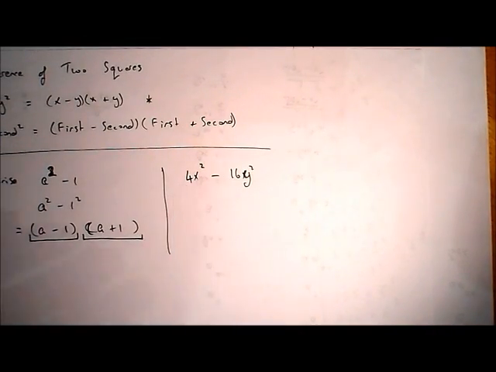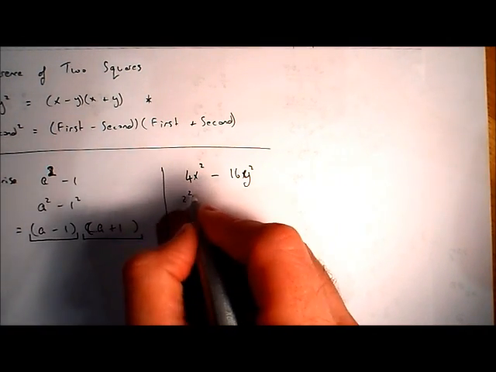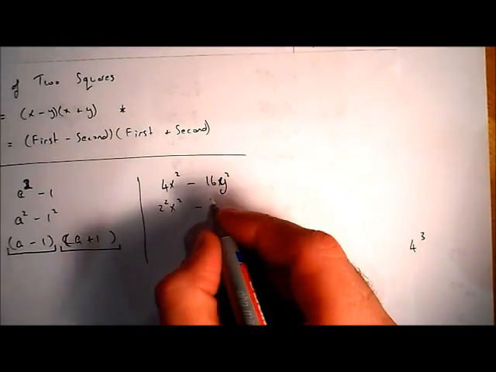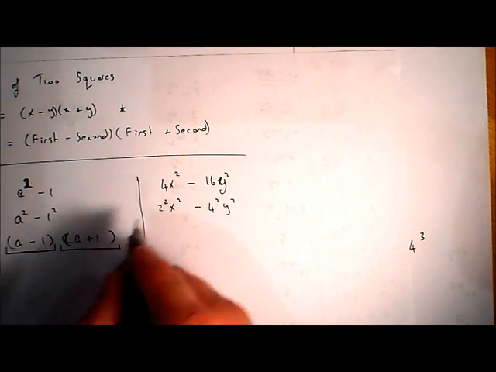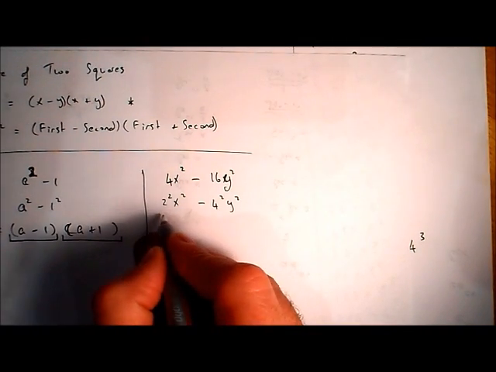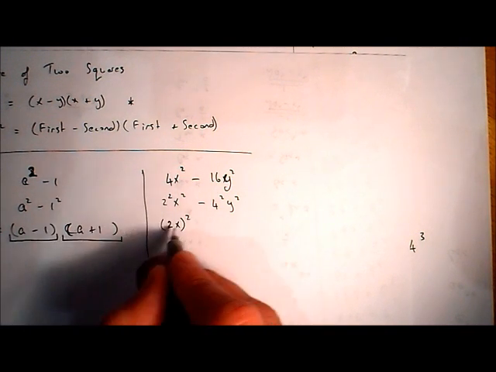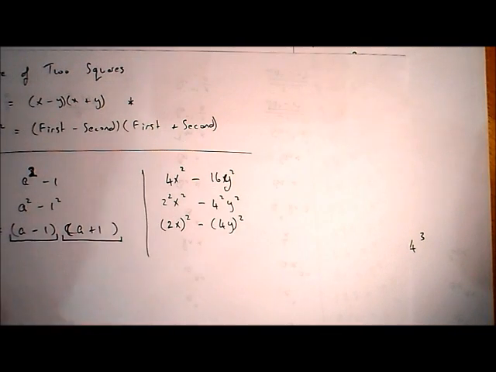So rather than write 4, I'm going to write 2 squared x squared, and 16 is 4 squared y squared. Now rather than write 2 squared x squared, I'm going to put the 2x in brackets and put the square outside. So that's 2x all to be squared minus 4y all to be squared.